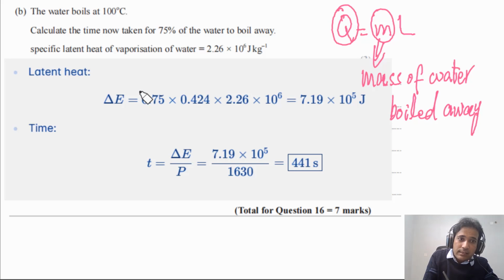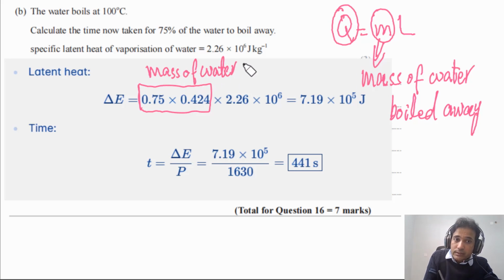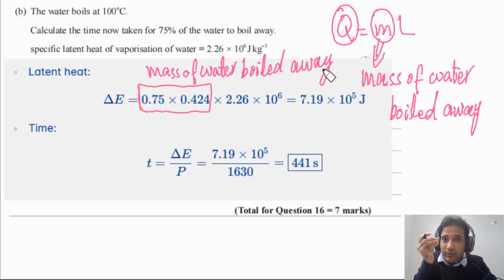So this question can be asked in a different way next time. If your basic concept is not clear and you don't know what M is representing, of course you will struggle to answer the question.